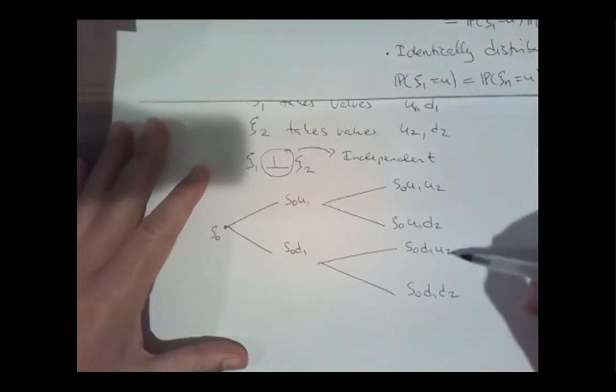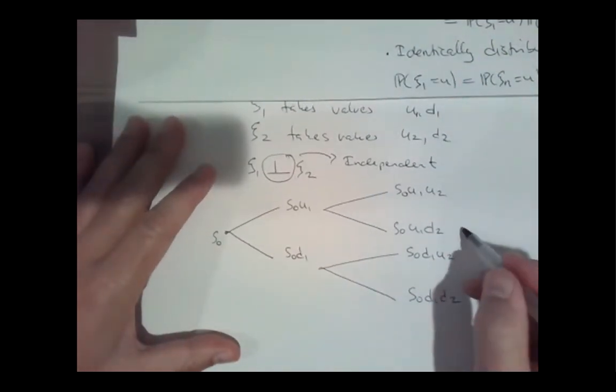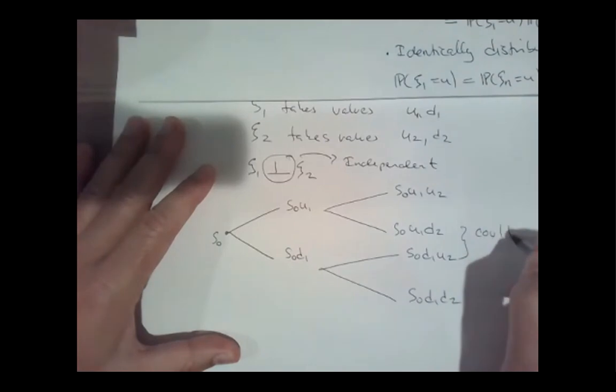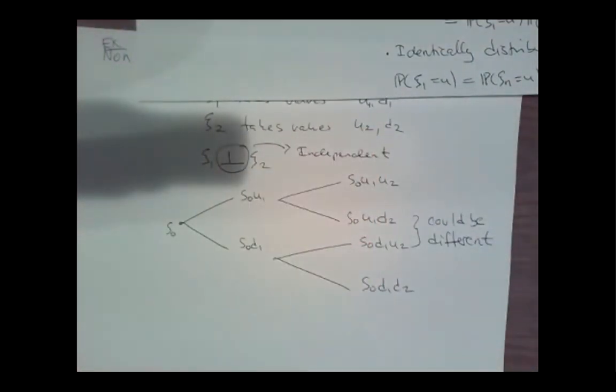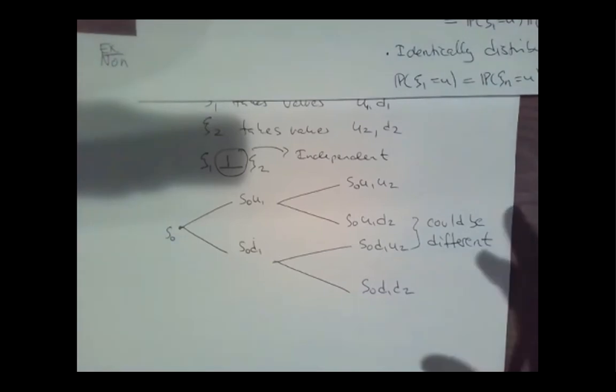And now these two could be different. And so when that happens, you're not recombining. So here's an example of a binomial model that doesn't recombine.